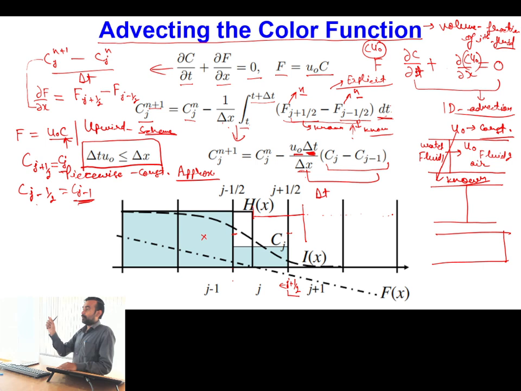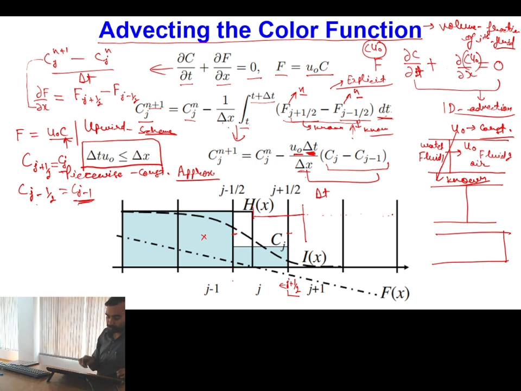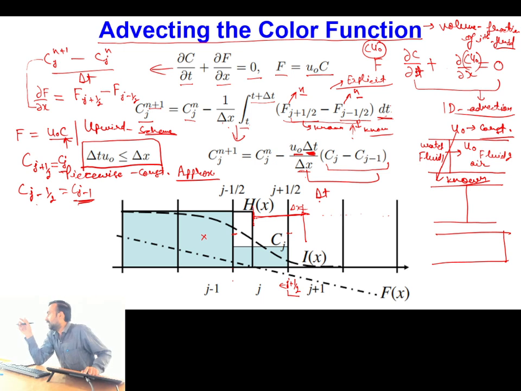We have to limit our time step in such a way that when this height function is crossing across the cells due to its advection, it should at max transfer the distance equal to delta x, which is the distance of one cell size. If it is moving multiple cell size distance in a single time step, then the chances of occurrence of numerical errors in interface advection are more.